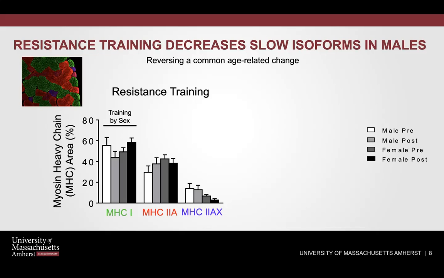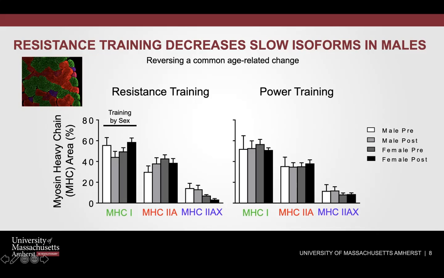No other significant results were found in the other fiber types for resistance training, nor were there any significant results found for power training for each of the isoforms as well. Overall, the reduction in males' slower contractile fibers reverses what is typically observed as part of the aging process.